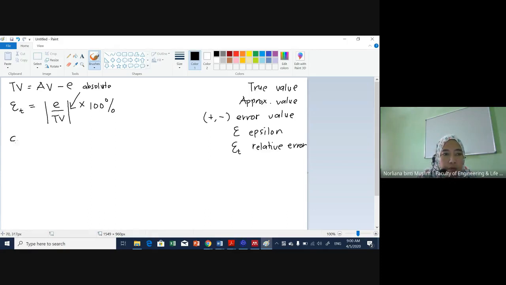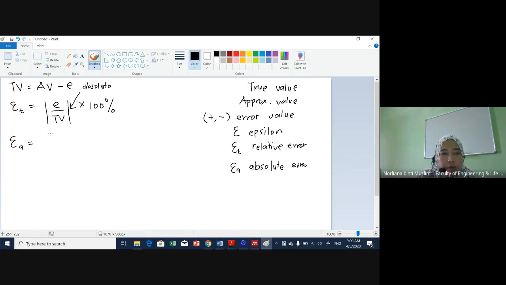Okay, next we have epsilon A. This epsilon A is the absolute error. There are two different formulas for evaluating the absolute error.